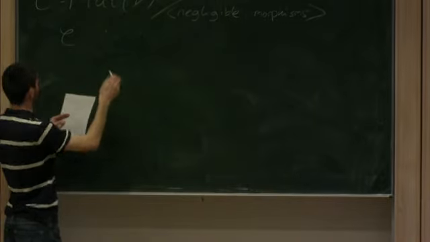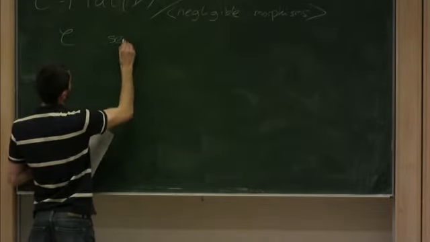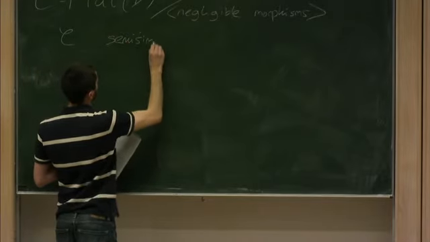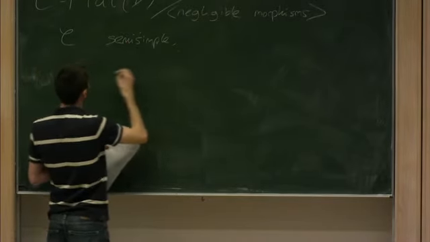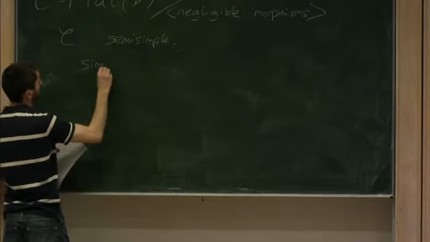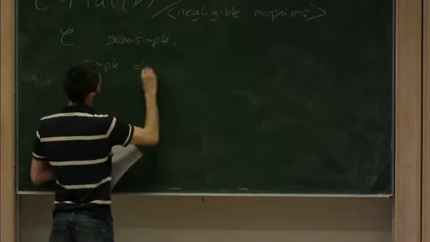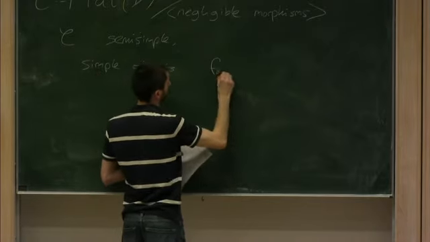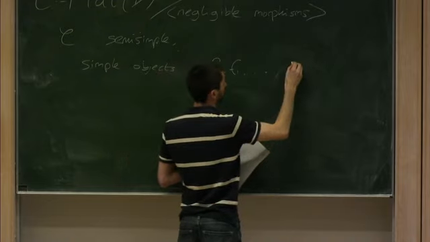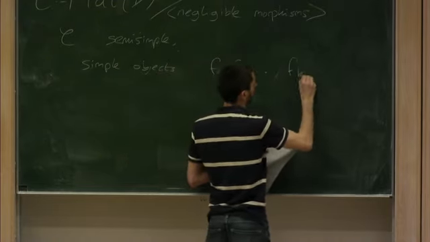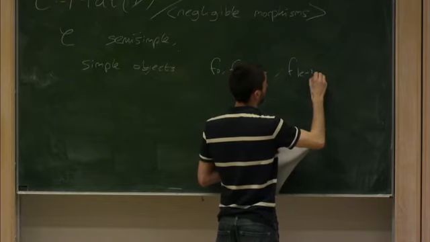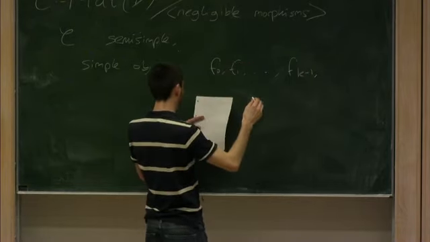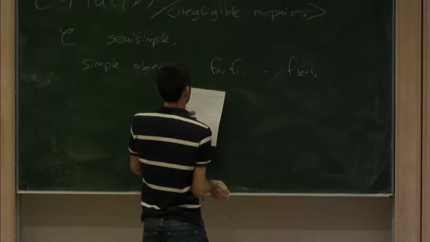So now let me just say, C is semi-simple, and it has simple objects f0, f1, up to f_{k-1}.